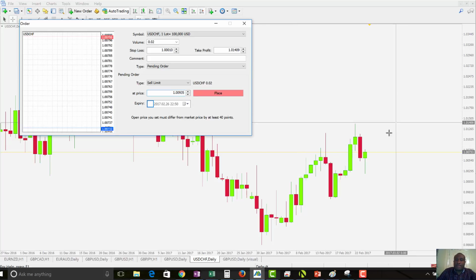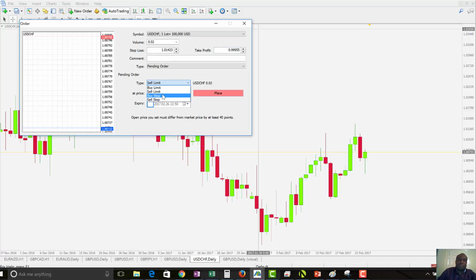For a sell order, my stop loss should be higher than my entry price, so I will put my stop loss up there, 1.01423. My take profit will be somewhere below, since I'm expecting price to go down. I can put it at 0.99955, and that's it. It's ready to go for a sell limit.